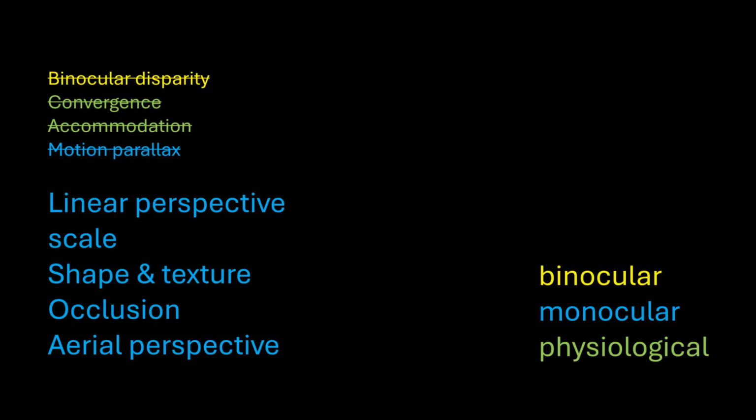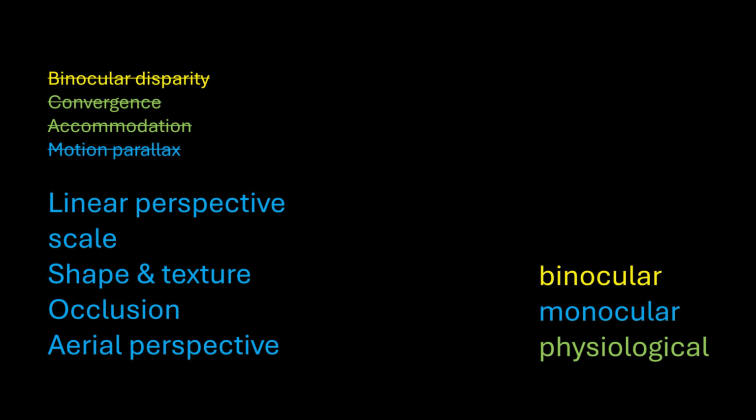Of course, when we look at an image, a two-dimensional representation of a scene, we lose some of this information. Everything that has to do with physiological and binocular cues is gone. We cannot use it to evaluate distance.